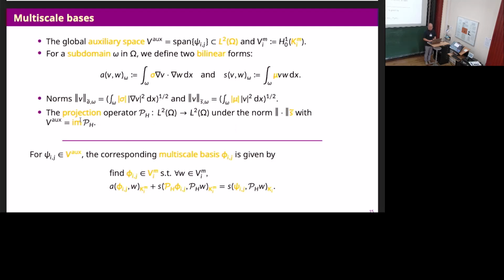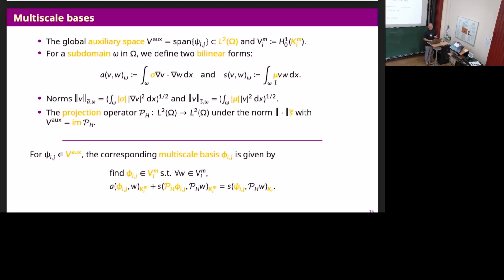So next, we define this projection operator PH, which projects some function to the space VAUX. Just the L2 projection, and the L2 projection is defined using this weighted inner product. Okay, and you see that this mu is the weight.